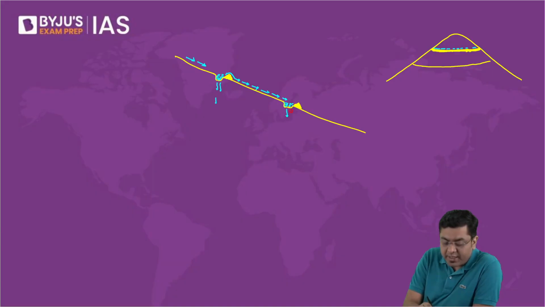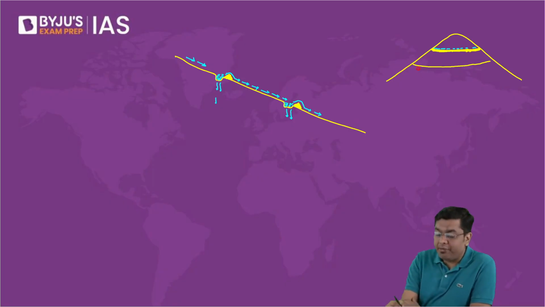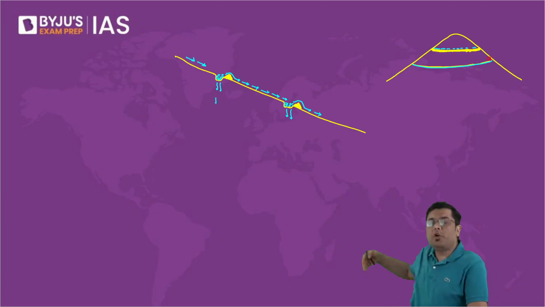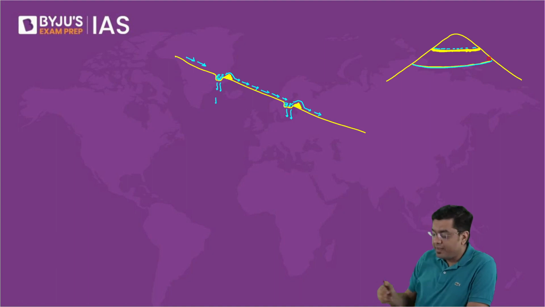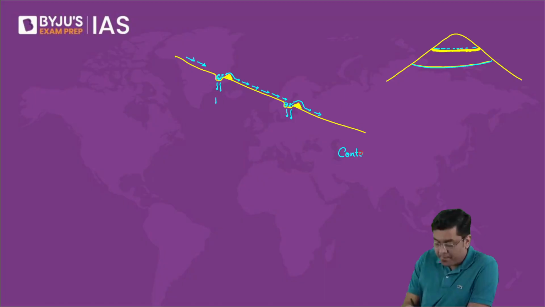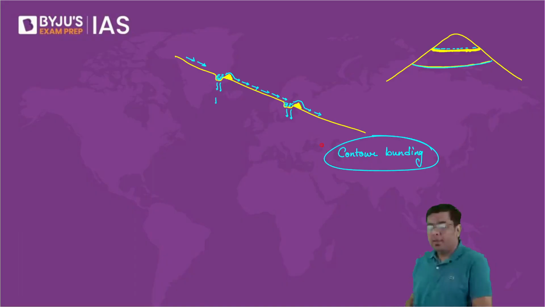That will again recharge the underground water level, and then the excess will overflow. So you are constructing the artificial barrier across the entire contour of that hilly stretch. That is why it is referred to as contour bunding.